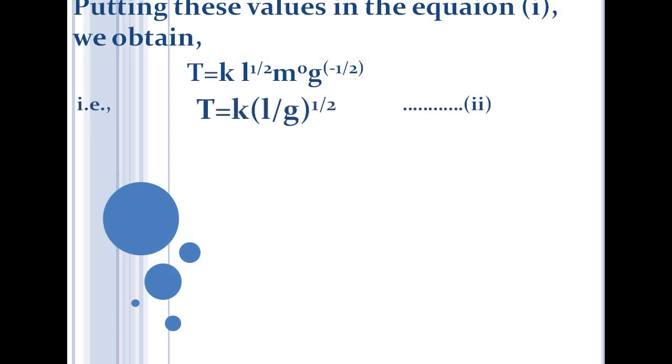M power 0 means simply 1, whatever the number or quantity. If it has a power 0, that is a unit quantity, so the remaining is T equals K, L power half, g power minus half, which means we can write T equals K root of L by g. We get equation 2. We are almost close to the time period for the simple pendulum.